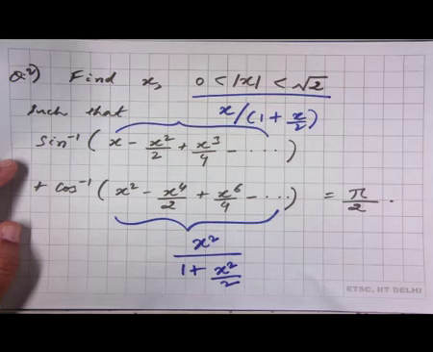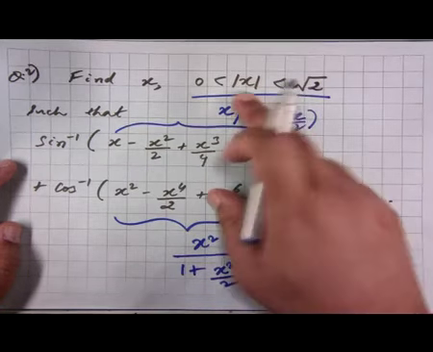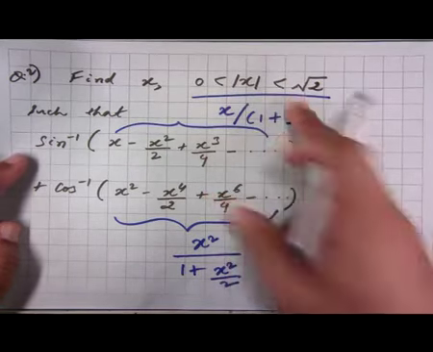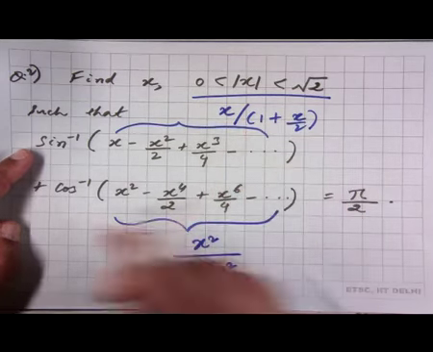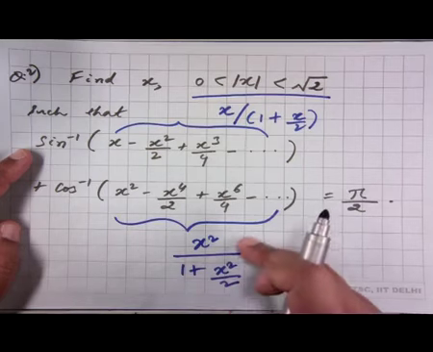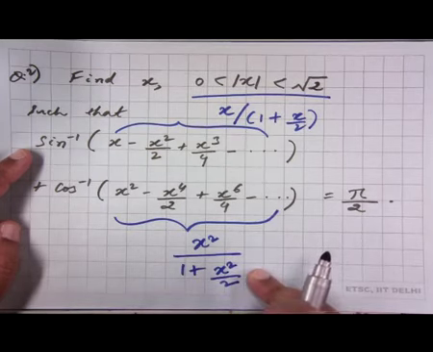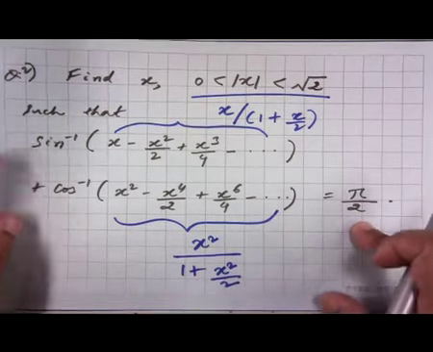We next have to find values of x such that mod of x is less than square root of 2 and sine inverse of x upon 1 plus x by 2 plus cos inverse of x square upon 1 plus x square by 2 is equal to pi by 2.